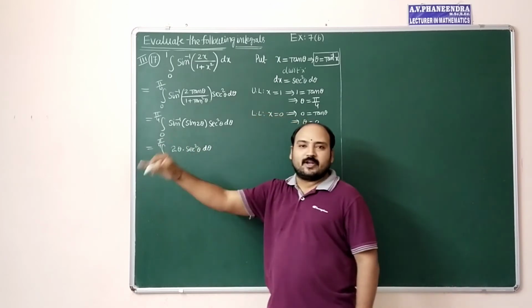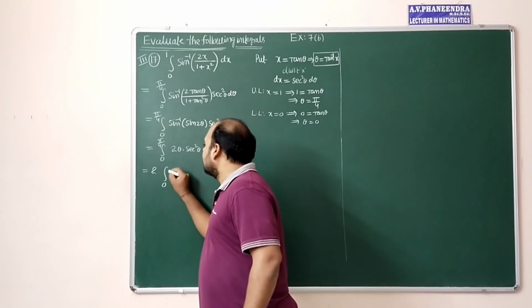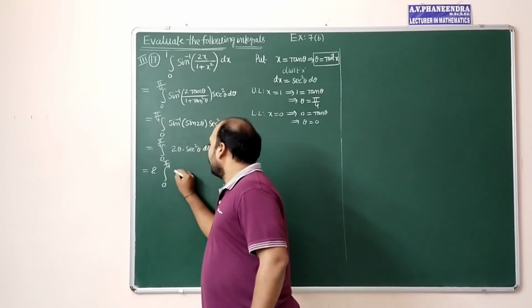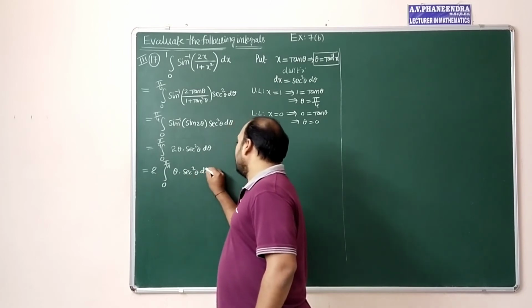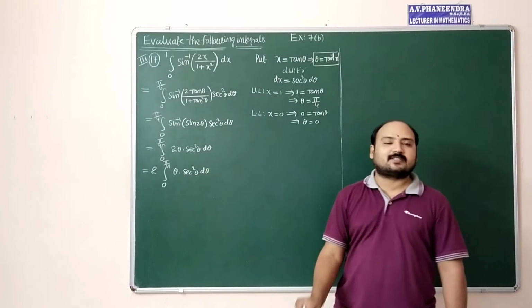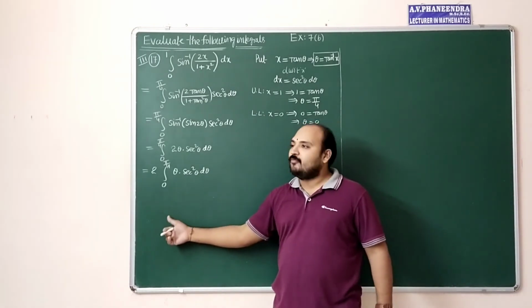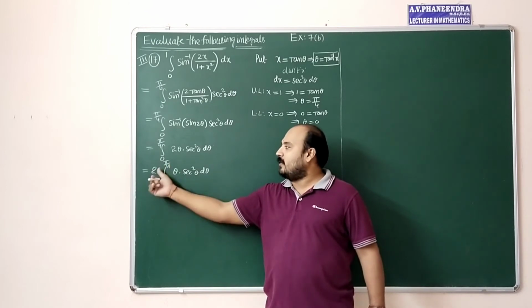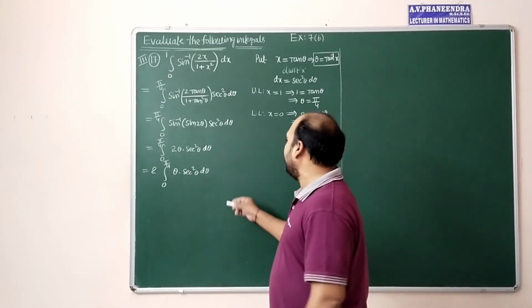So 2 constant we can take outside. 2 into integral 0 to pi by 4 theta into secant square theta. It is looking like integral 0 to pi by 4 x into secant square x dx. If you have any confusion, by using variable change property, you can write as 0 to pi by 4 x into secant square x into dx and apply integration by parts.